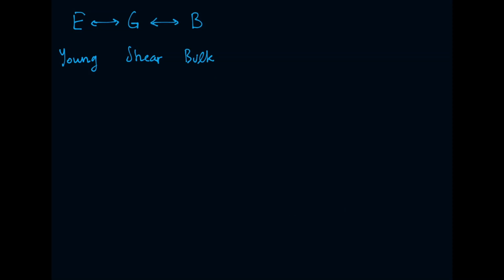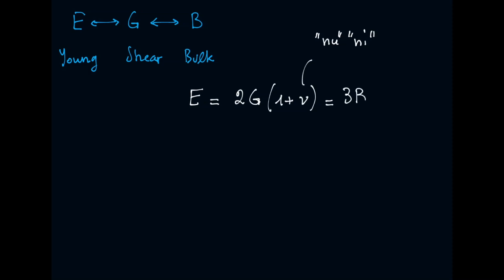They're not completely independent. And the relationship that they have between them goes like this, where Young's modulus is equal to 2G times 1 plus nu. This is the Greek letter nu or ni, depends on how you want to pronounce it. And also equal to 3 times bulk modulus times 1 minus 2 nu.